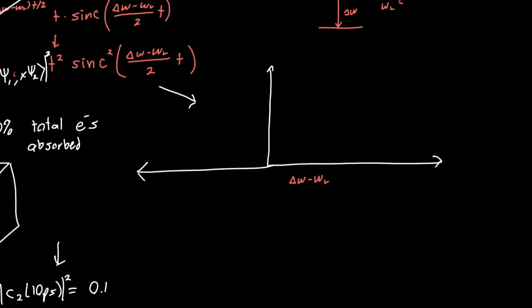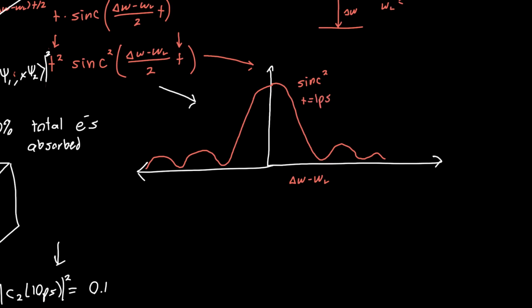Well, if we plot the sinc squared function, we need to evaluate it at a certain time. So maybe let's say the time is a picosecond. Sinc squared might look something like this. So it's going to have these lobes off to the side. It's going to be sort of periodic. But this is going to be the sinc squared function evaluated at a certain time. So say t is equal to 1 picosecond, for example.